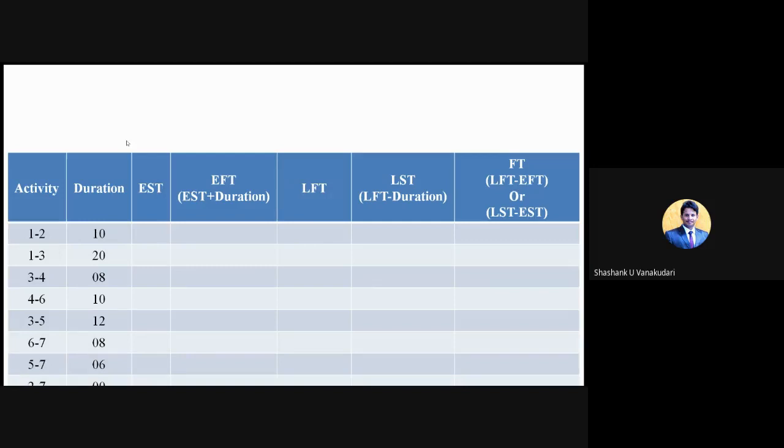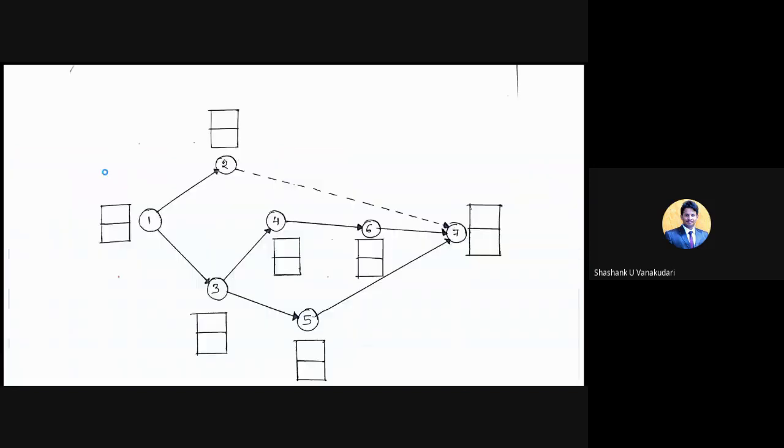Yes, finished. So I will start this. Before that, we'll write the durations here. For 1 to 2, it is 10. Till then you can solve. If you have any doubt, you can ask me. This is 1 to 2, 10. And 1 to 3, it is 20. And then 3 to 4, it is 8. Okay.